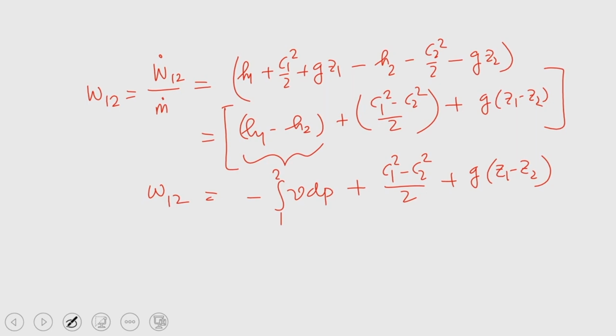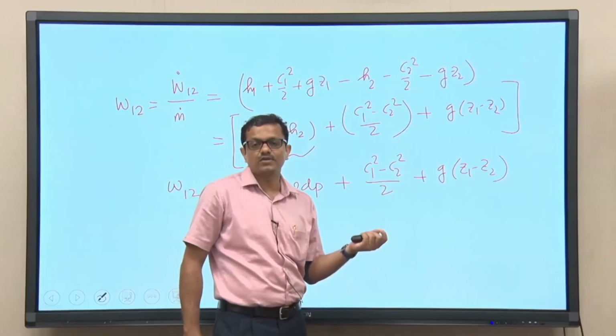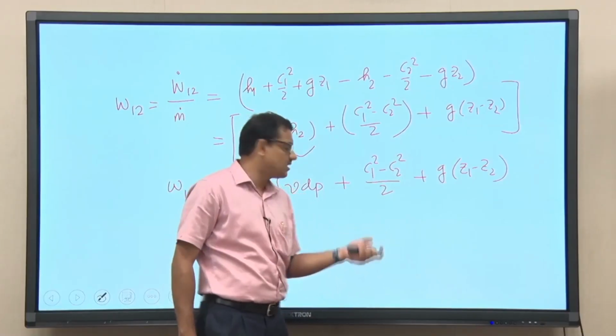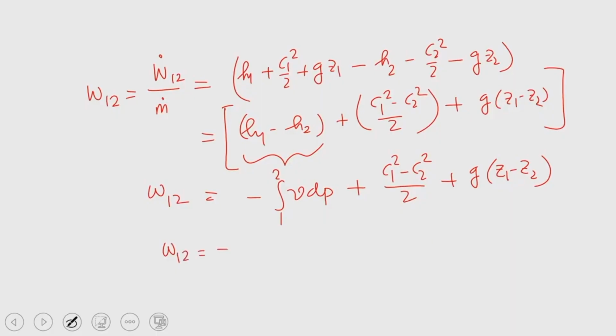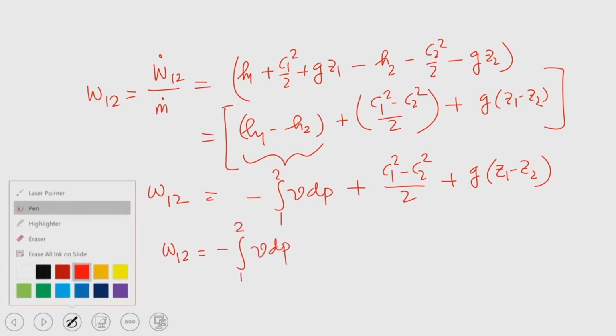Again, if we ignore the changes in kinetic and potential energies, then the work done even for a steady state steady flow process, where the process is reversible and adiabatic, can be written as W1 to 2 equal to minus integral 1 to 2 VdP.